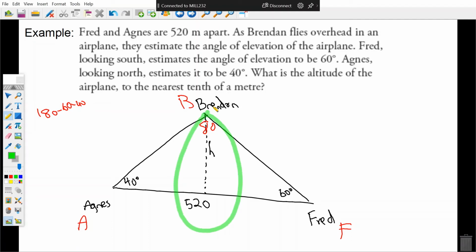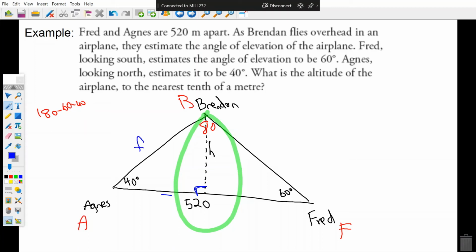So what my plan is here is I want to find one of these missing sides of the triangle, and then once I have that, I have a right triangle right here that I could use to solve for the height of the airplane. Okay, so I have to do this in two equations. So the first thing I want to find is F over here.